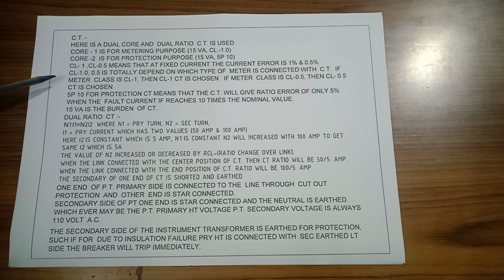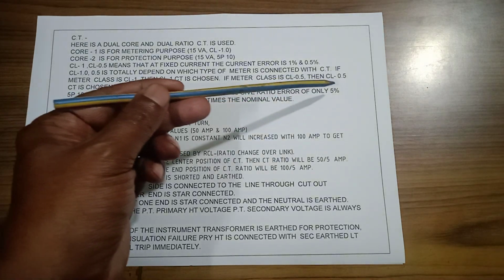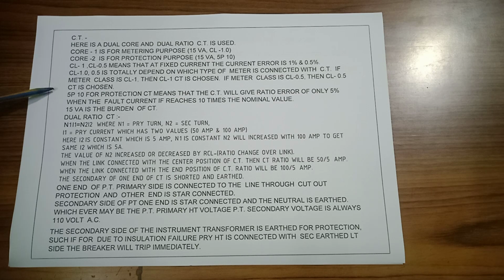CL1 and 0.5 totally depend on which type of meter is connected with the CT. If the meter class is class 1, then a class 1 CT is chosen. If the meter class is 0.5, then a CL0.5 CT is chosen.